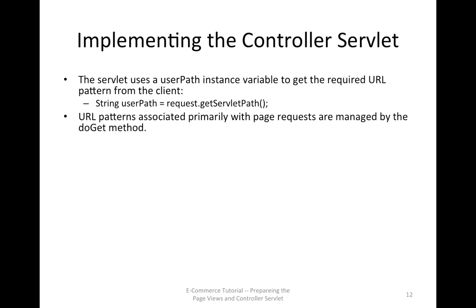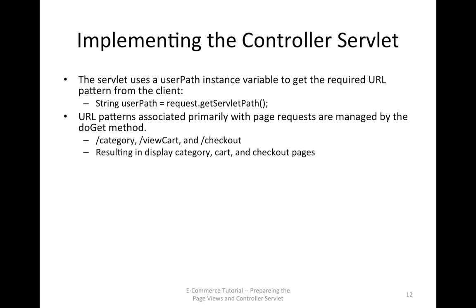In the ControllerServlet.java class, there are two methods. One is doGet, another doPost. So the doGet method will manage the URL patterns associated primarily with page requests, for example, category, viewCart, and checkout.